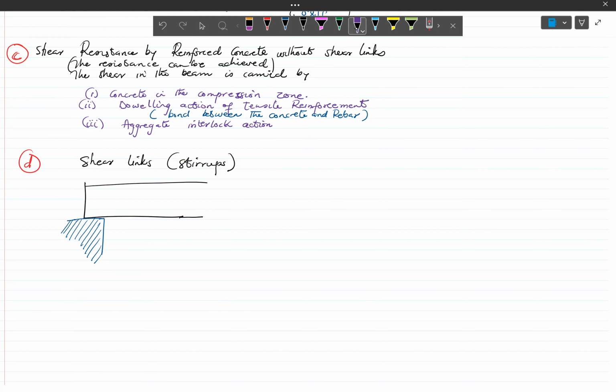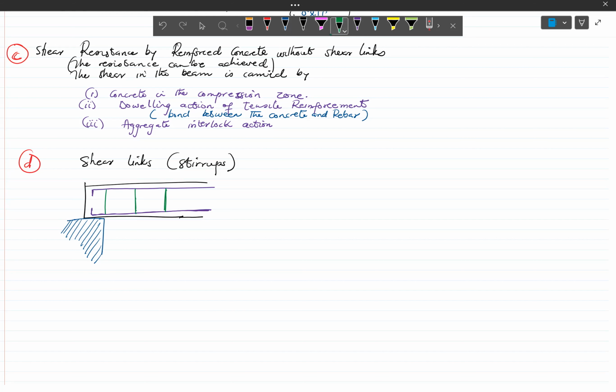Then I have my main rebar. So there's the top and there's a bottom rebar. Okay. Then here, these are my stirrups. Okay.